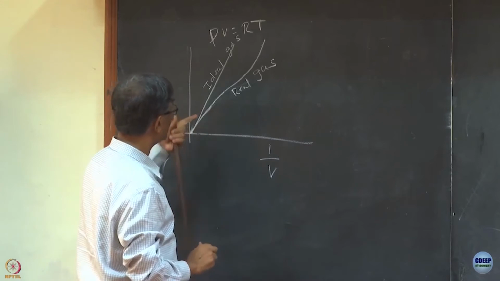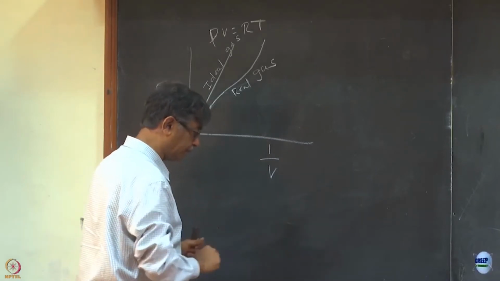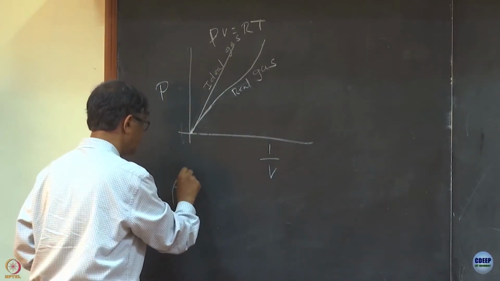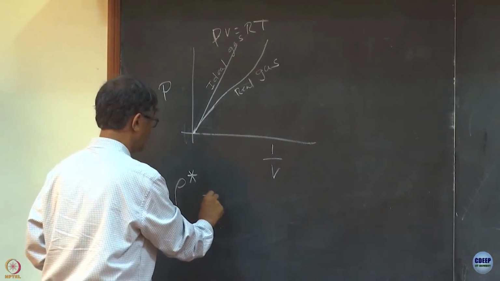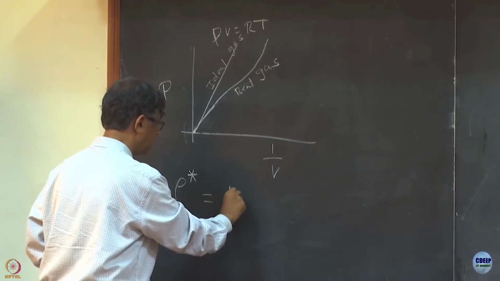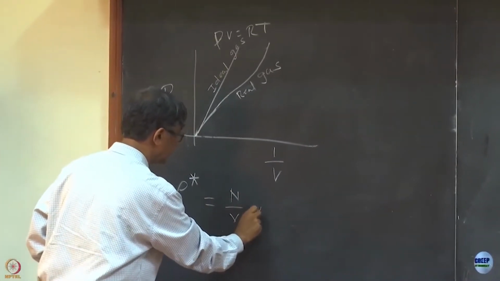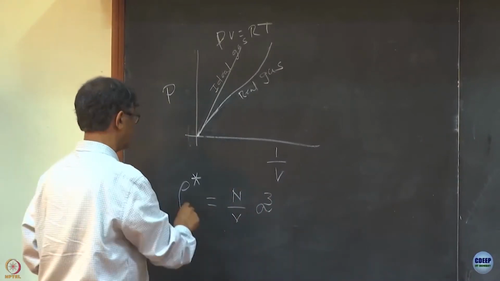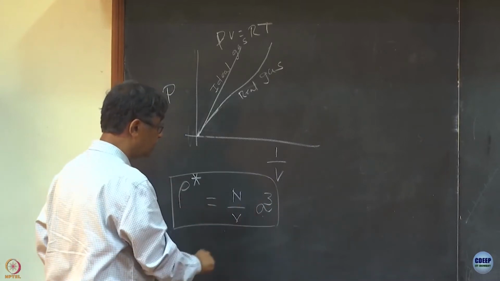Now, in order to talk of interactions, I need to talk of a separation, a length scale between two things, and the way we do it is to introduce a dimensionless quantity rho star, which is the number of particles in a volume V, times sigma cubed, where sigma is the molecular diameter.